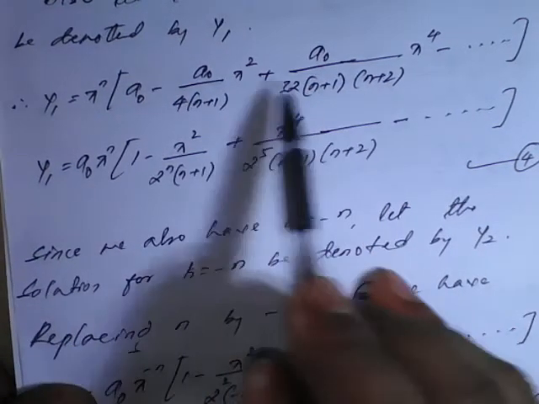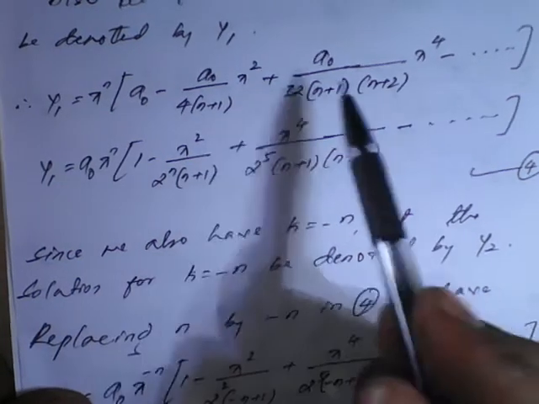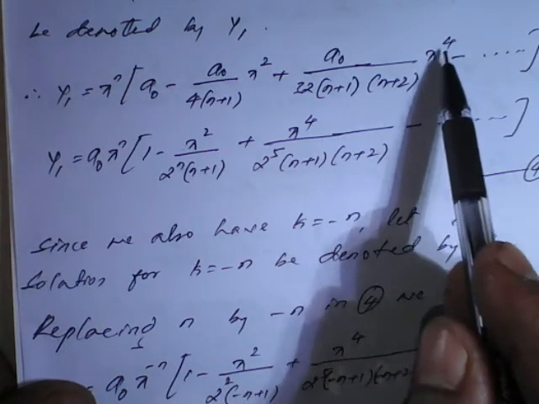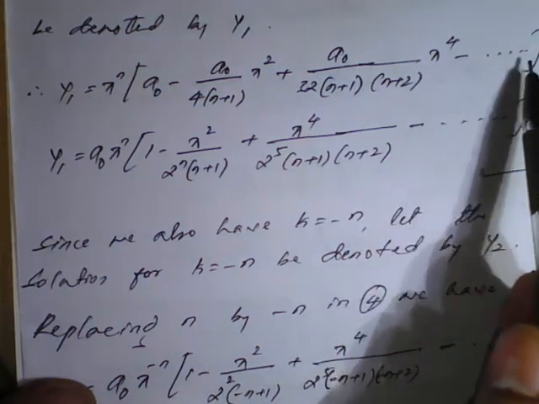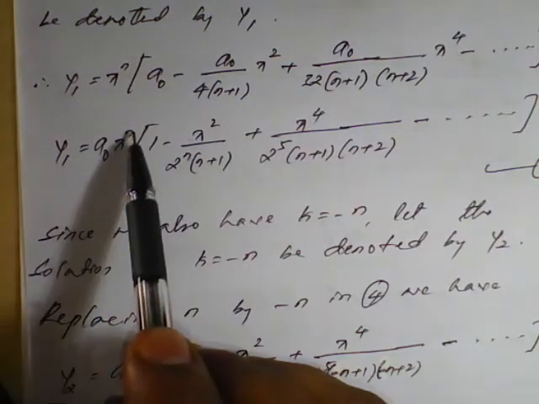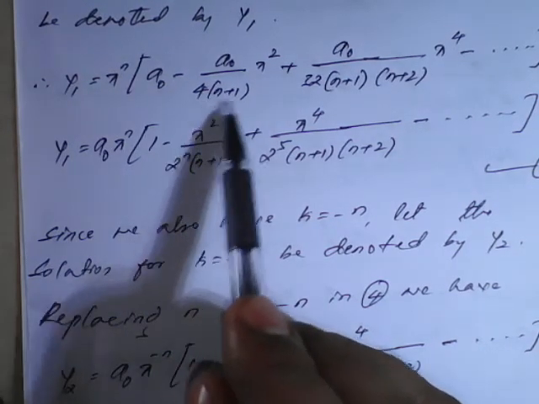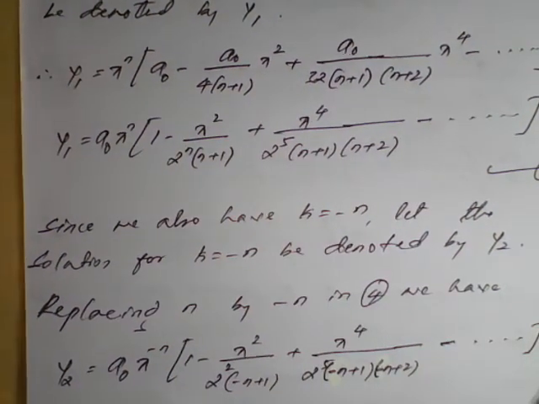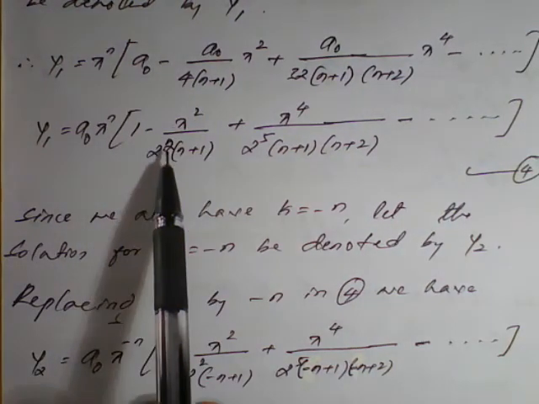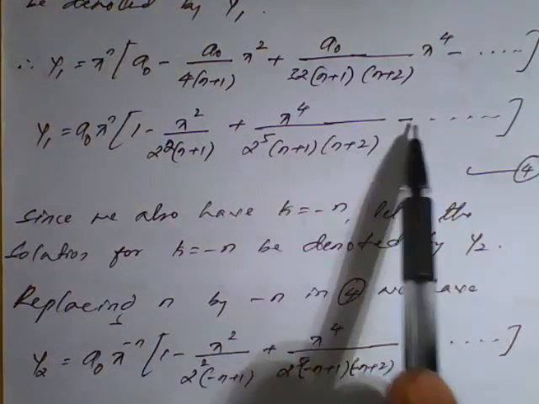On simplification we get a0 upon 4 into n plus 1 into x square plus a0 upon 32 into n plus 1 into n plus 2 into x raised to 4 minus so on. From this, take a0 common, so we get the relation 1 minus x square upon 2 raised to 2, where 4 can be written as 2 square, 32 can be written as 2 raised to 5, and the remaining is as it is, minus so on.